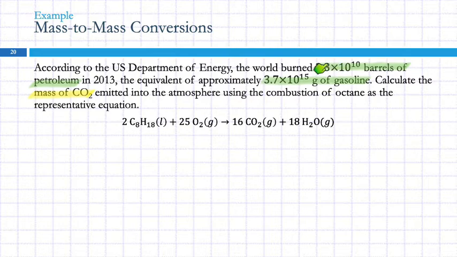Well, this first one, the barrels of petroleum, we don't actually need to use that because they've already interpreted or converted that into approximately this much gasoline. And we're going to use octane to represent the gasoline.